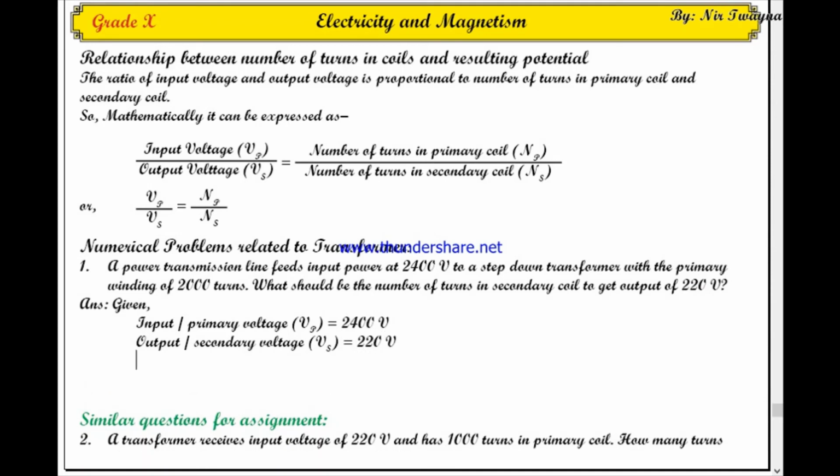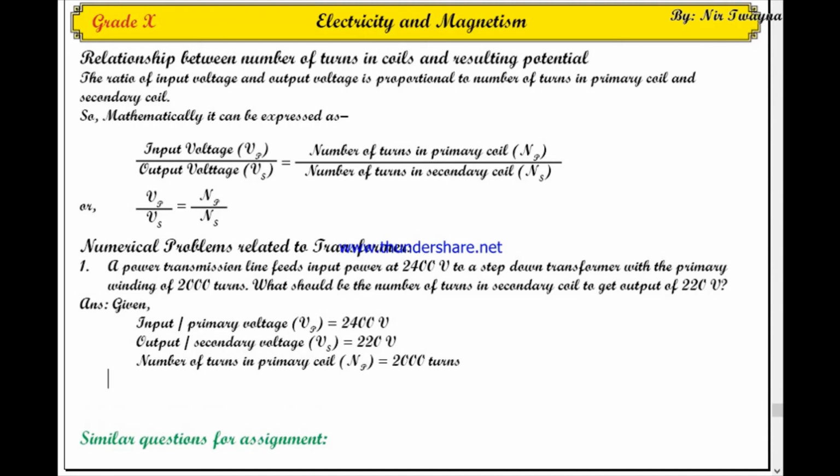And then number of turns in primary coil, that means Np, is it given? With a primary winding of 2000 turns, it is also given as 2000 turns. And then number of turns in secondary coil, that means Ns, is it given? No, it's not given.